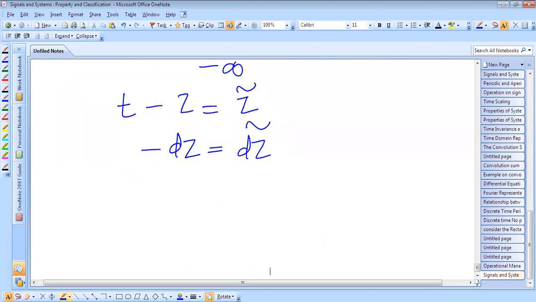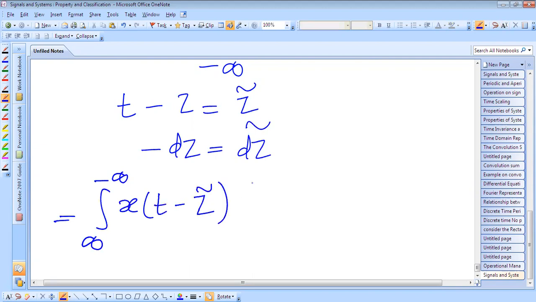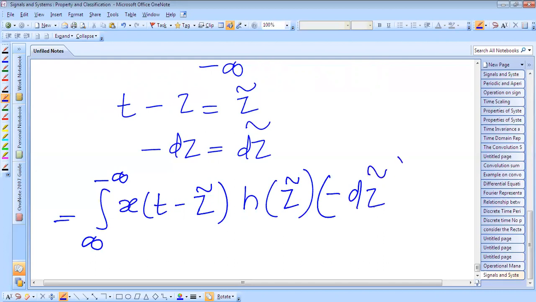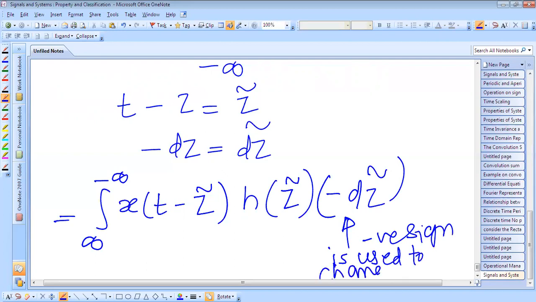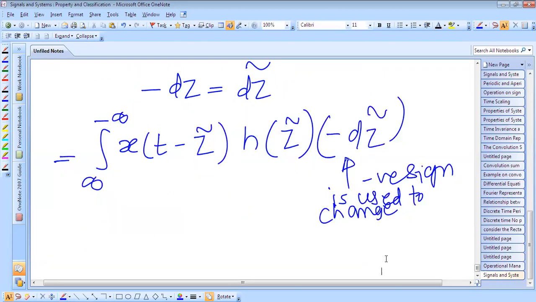And therefore we can write here the integral from infinity to minus infinity of x of t minus tau tilde h of tau tilde into minus d tau tilde, and the negative sign is used to change the order of limit.